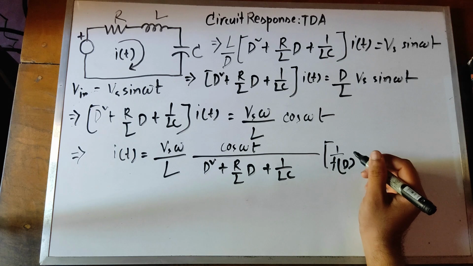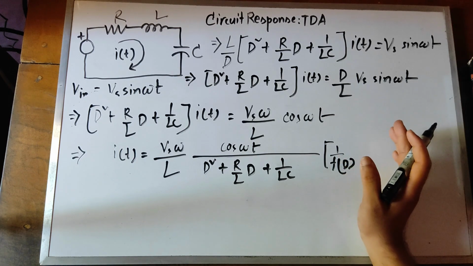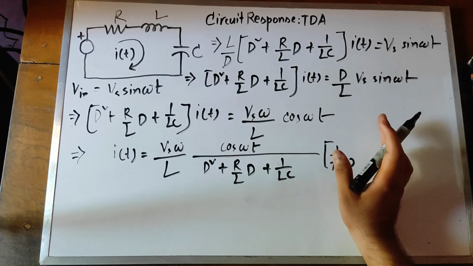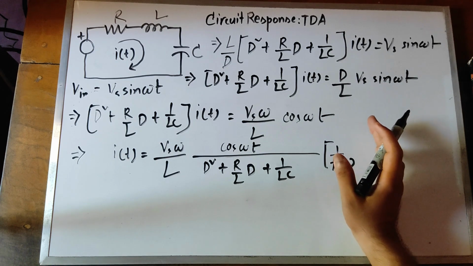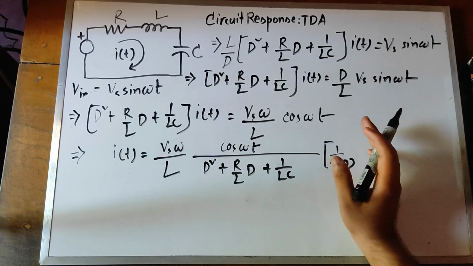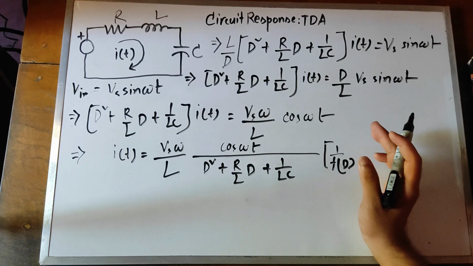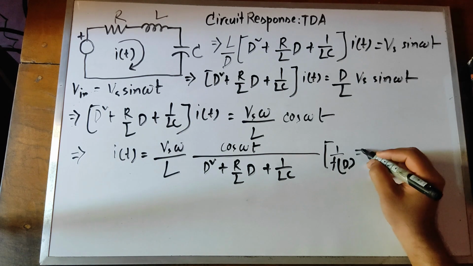remind you, in this case I am not interested in the transient response. Transient responses will be more or less the same as the previous source-free response and step response videos. So I'm interested in the particular integral. This formula is mainly for the particular integral.